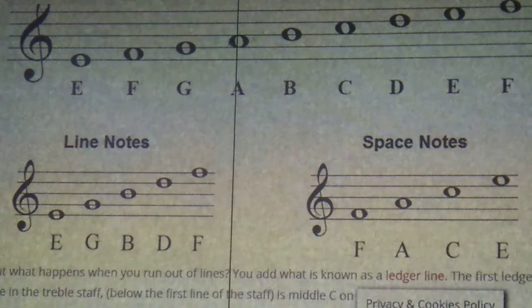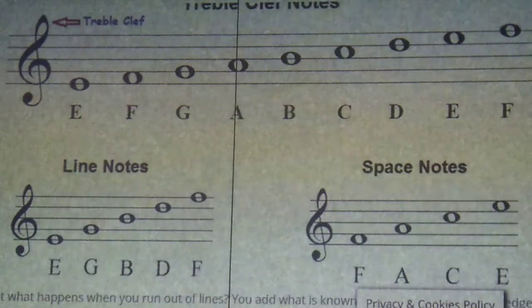You just need to be able to, first of all, identify what clef you're using. And in this case, here it is, good old treble clef. And then the second step is to identify the note as to whether or not it's on a line or on a space. The third step is to apply the proper method to determine the note.